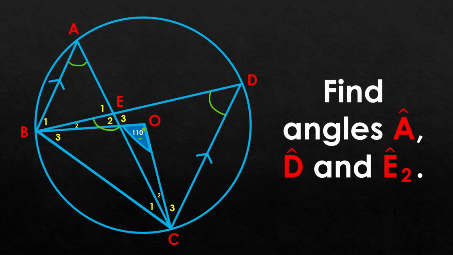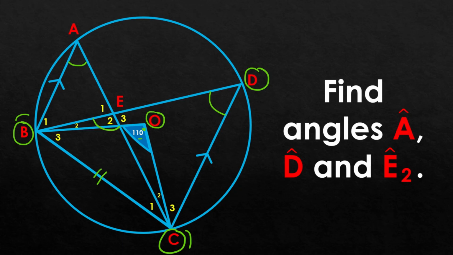And as you can see, if we're going to pay attention to triangle BOC, you will realize that it has got a base of BC, which is a chord within this circle, and the same chord BC is also a base for triangle BDC.